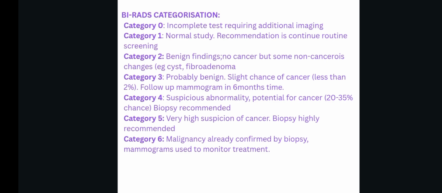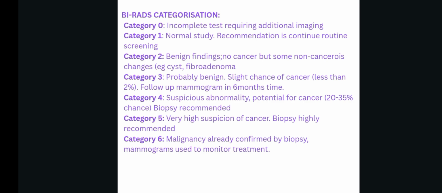I want to state that in BIRAD category 4, some mammogram reporters can categorize it into 3 subsections. They have the 4A, 4B, and 4C. 4A has a low suspicion of cancer, which is greater than 2% but less than 10% likelihood of being cancer.